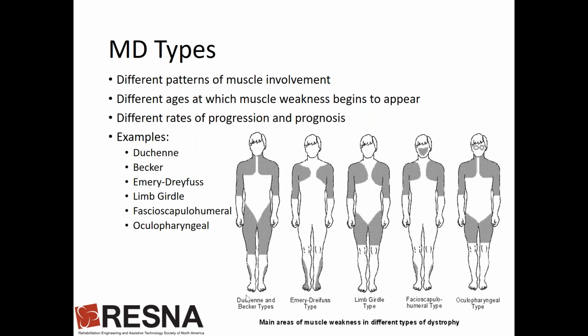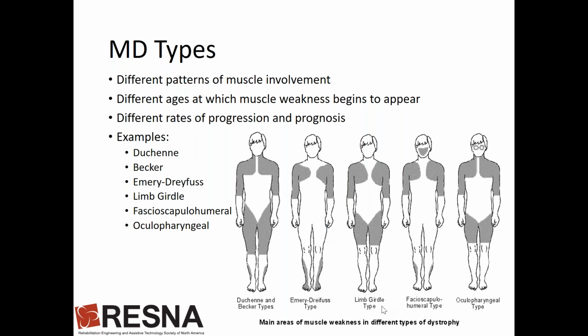Duchenne's and Becker is where you have impairments in the legs and in the shoulders, but preservation in the hands and in the trunk. Emery-Dreifuss, you have impairments in the sides of the legs and some of the shoulder muscles, but preservation in the hands, the trunk and the hips.